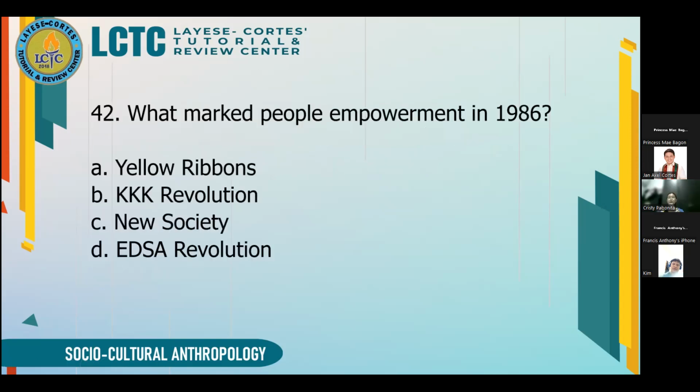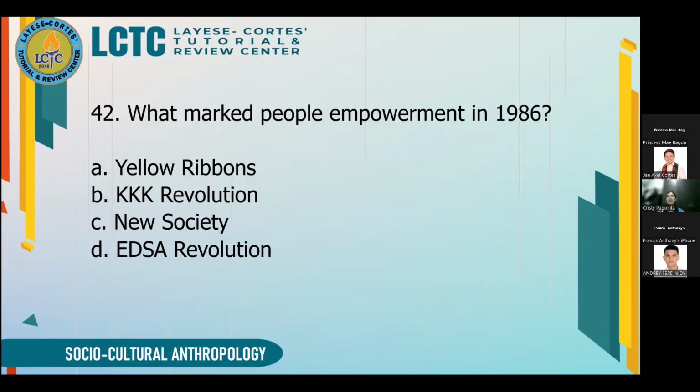Okay, 42. What marked people empowerment in 1986? What event in history empowered people? EDSA. Yes, very good. The EDSA revolution influenced a lot of people around the world.